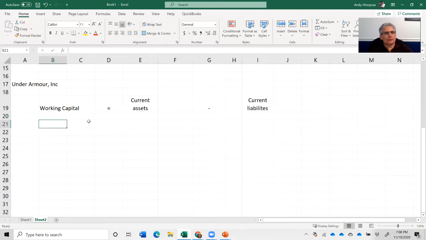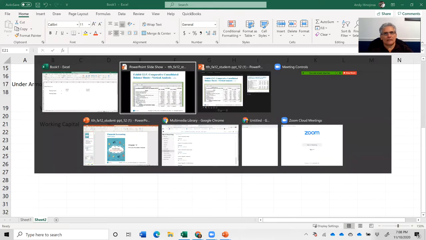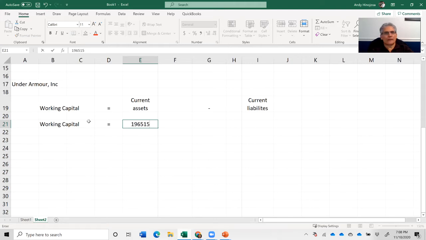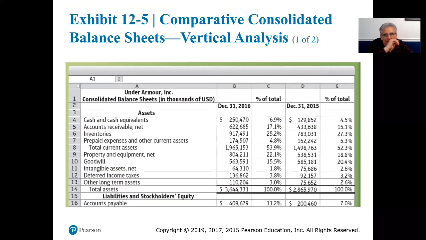So all we have to do is then take a look at the numbers. So working capital is equal to the current assets. Well, the current assets, 1965153. And we're going to subtract from that current liabilities.